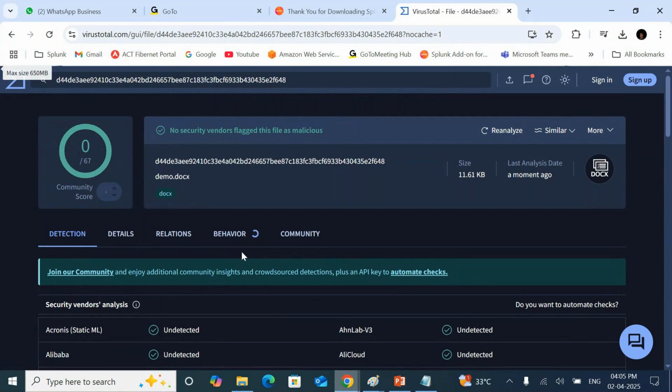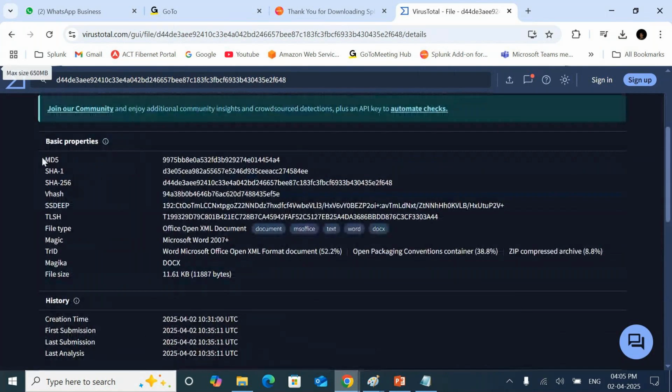See here, if you observe the details, this is the new file hash key.